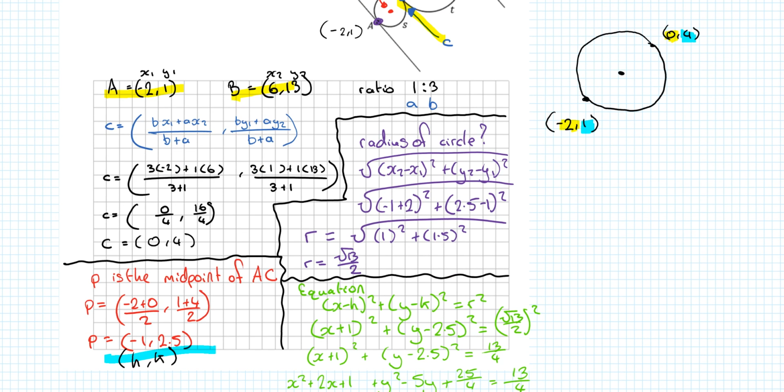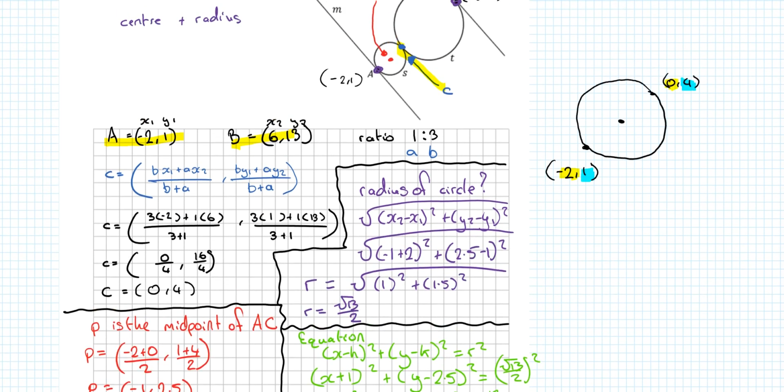What else do I need to find? I want to find my radius as well. So there's 2 ways in which you could find the radius. You could find the distance between those 2 points. That would get you your diameter, and then you could halve it. Or, as I said, this was -1, 2.5. You could find the distance between here and here by using the distance formula, and that would be the radius.